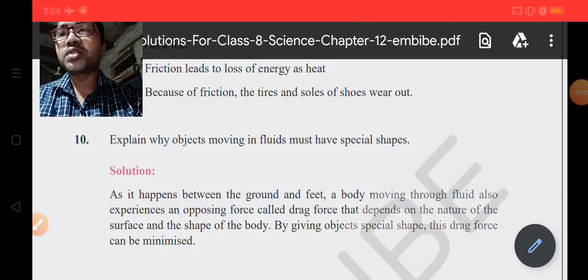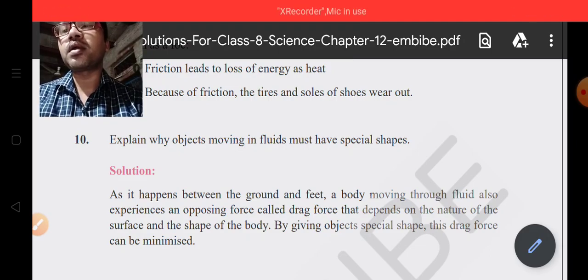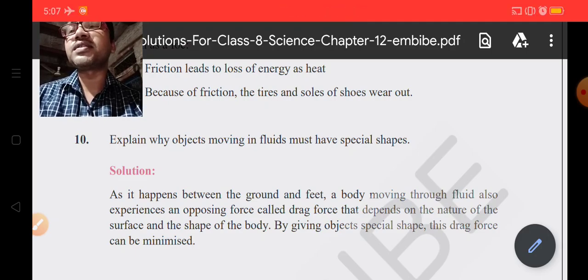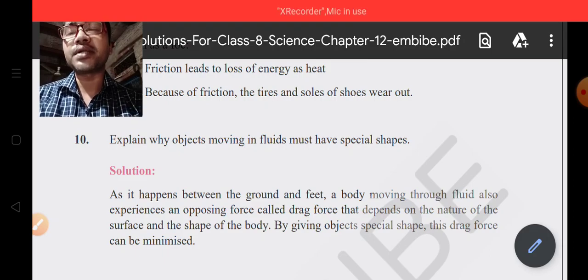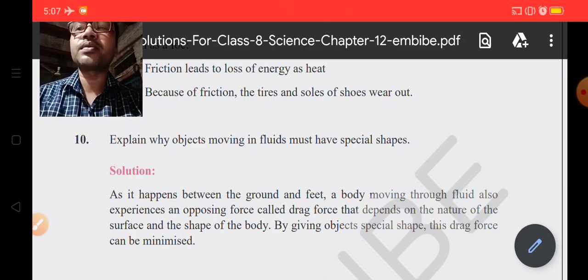So dear students, keep studying. Okay. And continuously try to revise the different chapters which we have already done. Okay. And in next session we will start the next chapter, that is chapter 13. Okay. And we will complete first the activities and the theoretical concept.